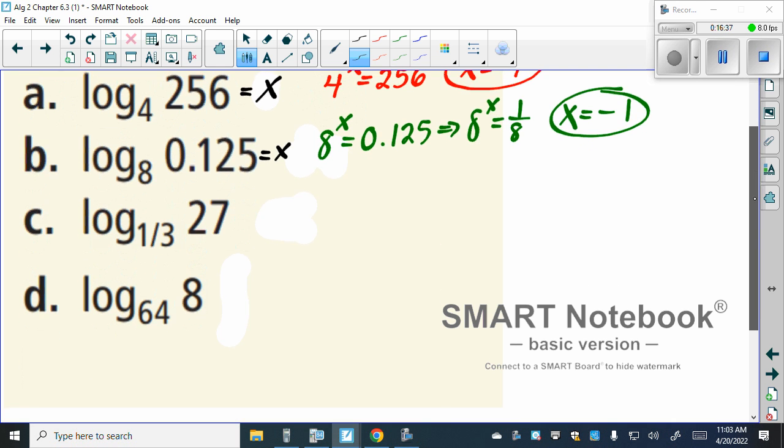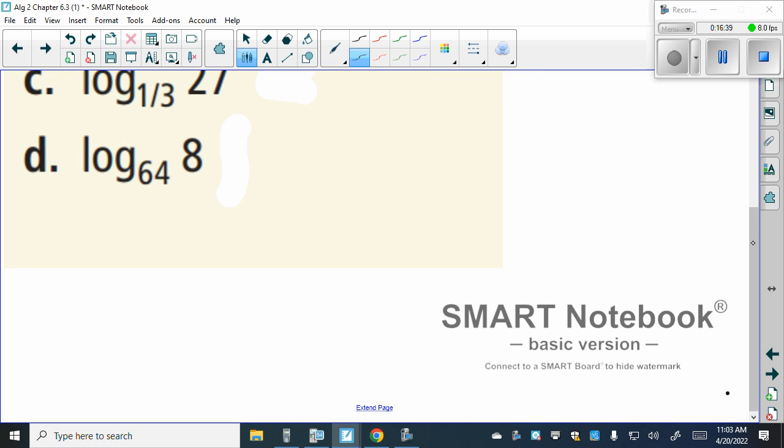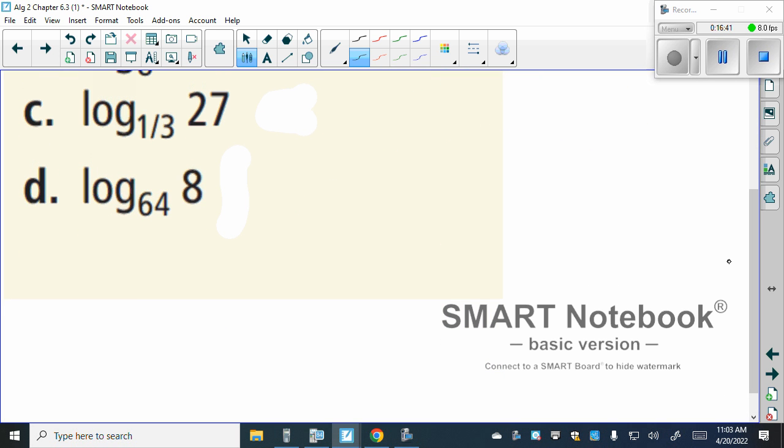Any questions on the first two here? Okay, let's look at the next one. Log base 1/3 of 27. 1/3 to the x is equal to 27. So what do we know about the value of this exponent?